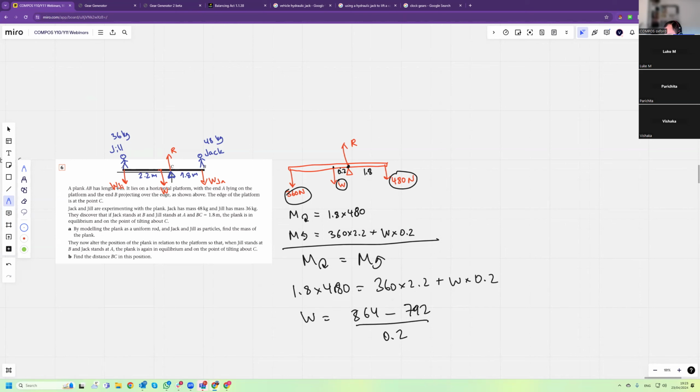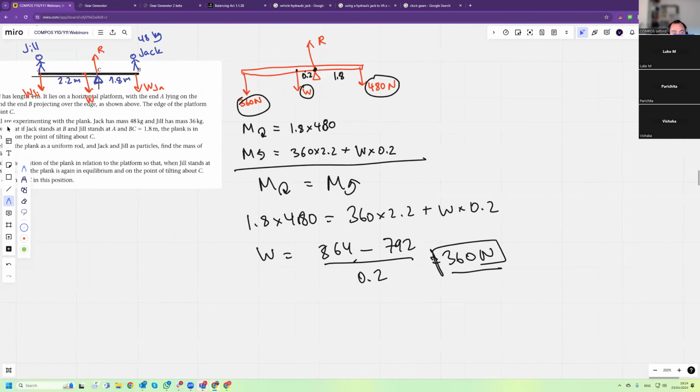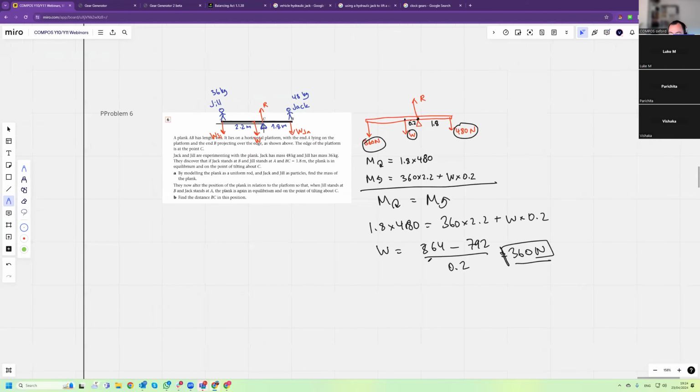So 864 minus 792, 72, divided by 0.2, 360 newtons. That's the weight of the plank. So the plank is the same mass as Jill. Interesting.